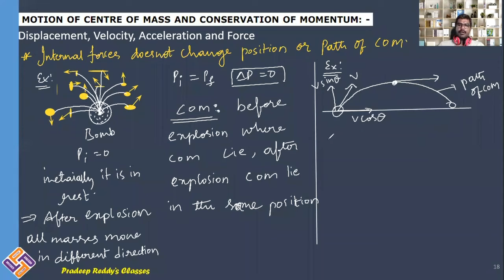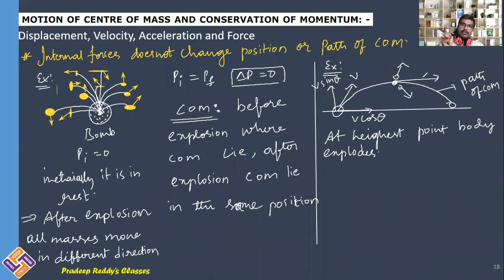Now at the highest point, the body explodes. The body explodes into two parts. That means it has broken into two parts. One part goes in this direction, another part goes in this direction. But remember, even after breaking, the path of the center of mass would not change.